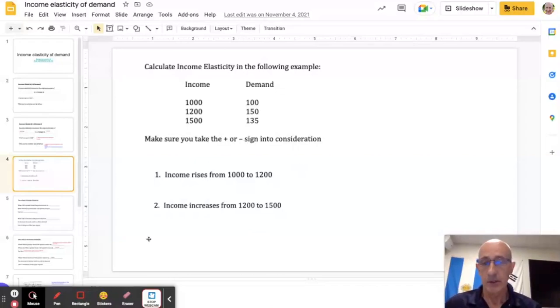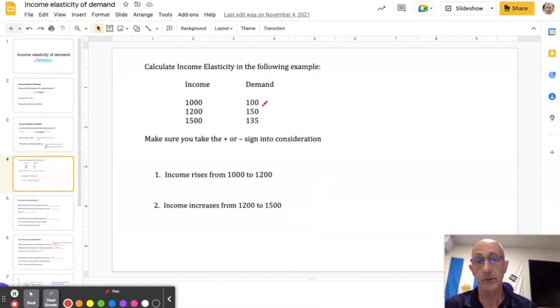So to illustrate, income rises from 1,000 to 1,200. We can see an increase in demand from 100 to 150. To work this out, I'll write it on the screen. The percentage change in demand, which is what we're interested in, goes at the top. So the demand has changed by 50, divided by the original demand, which was 100, and as a percentage change we multiply that by 100.